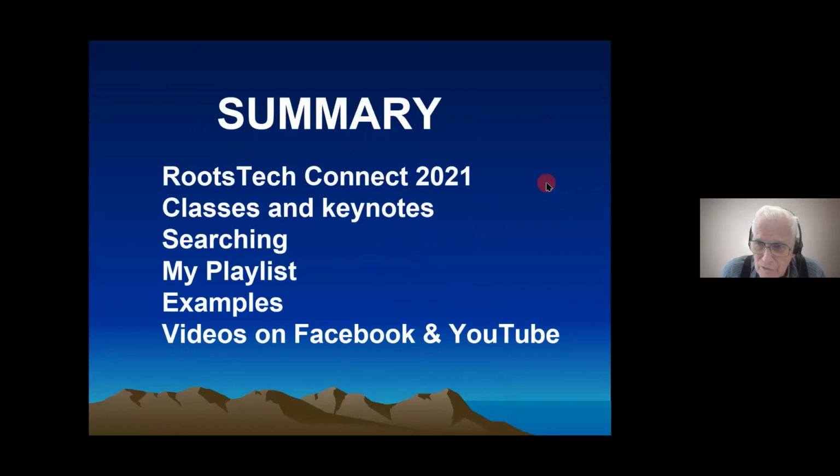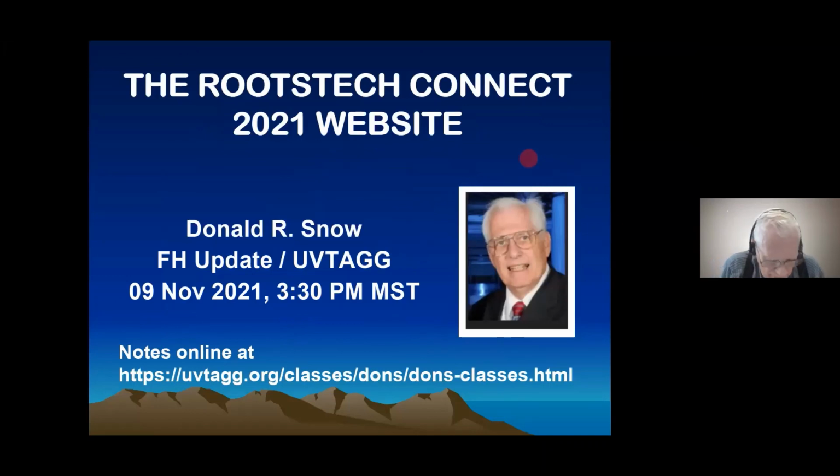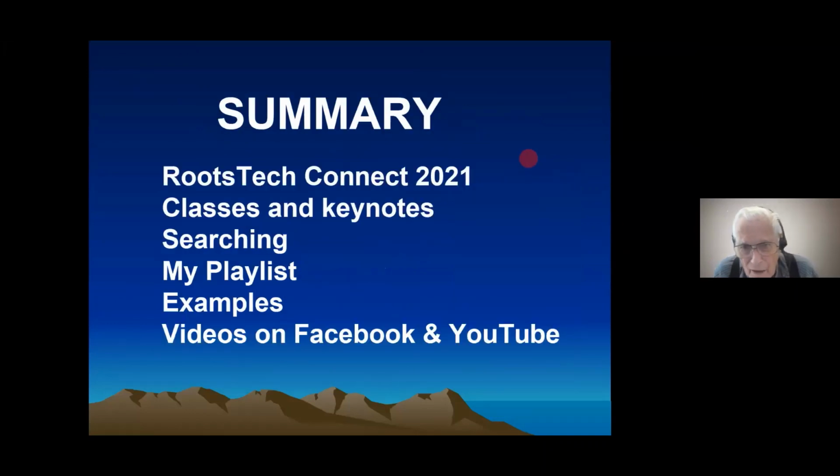We've talked about the Rootstech Connect 2021 website. That's still online and will be through March. Classes and keynotes are there. We didn't talk about searching, but there's a search box where you can look for an individual, or search to find what you're interested in. If you're interested in DNA, type DNA in the search box and you'll find a whole series of classes about it. If you're interested in using Ancestry, there's a whole series on that.